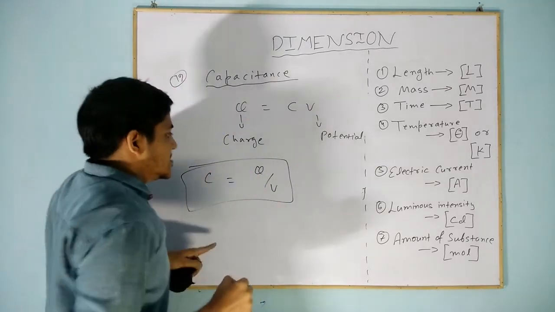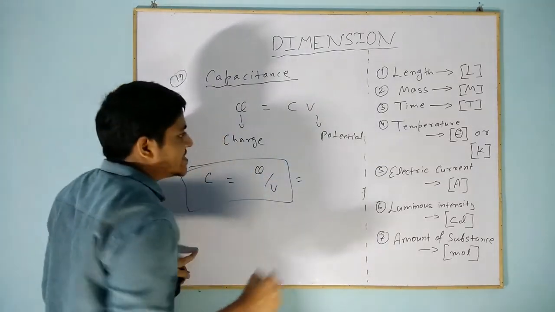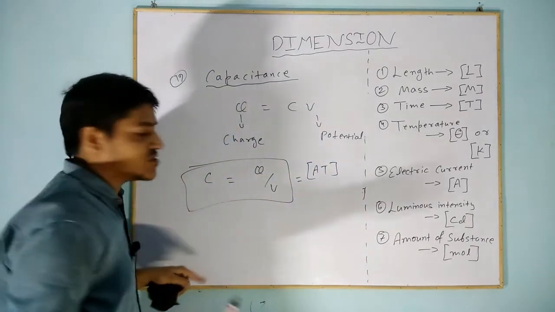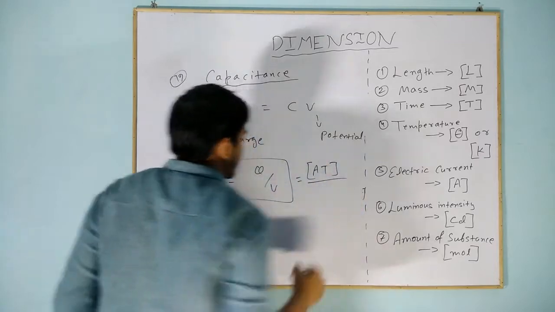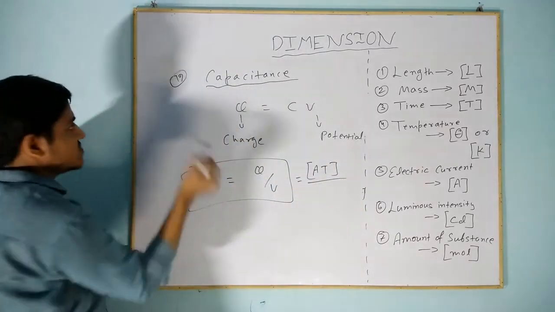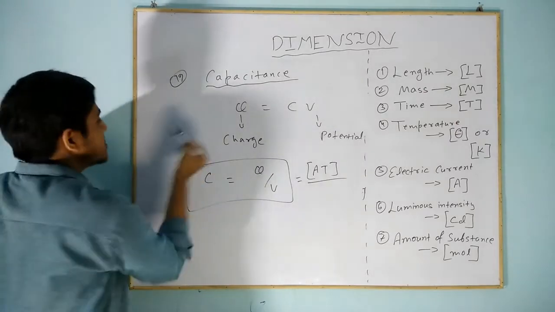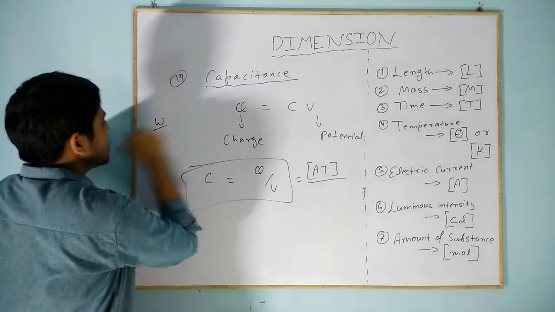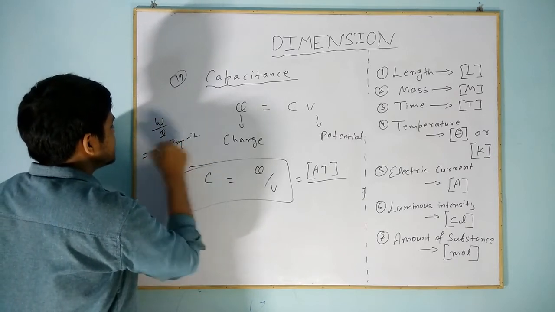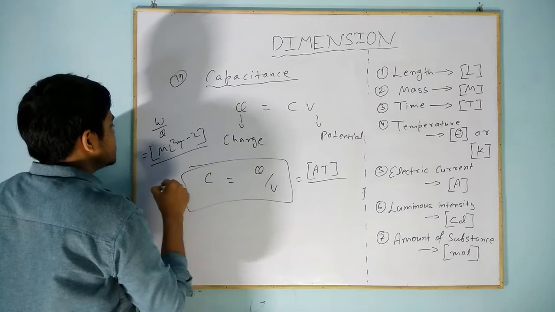Charge is IT, that means A into T. We have derived the dimensional formula of charge already. Upon voltage, which is W upon Q. We just derived it, but I forgot, so let me derive again. Voltage is W upon Q, that is ML square T raised to the power minus 2 upon charge.